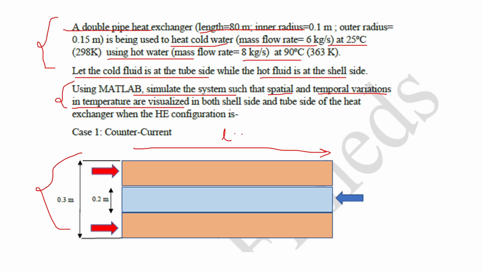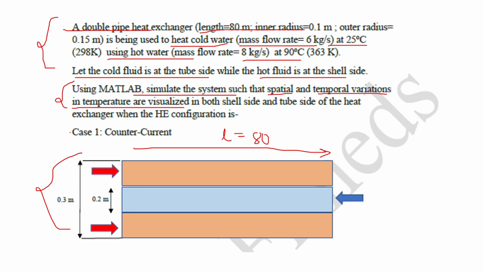We've been given length equals 80 meters, so we'll be taking a look at how the temperature changes with respect to the length of the heat exchanger as it flows through, and the temporal variations mean how this temperature will change with respect to time. So this will be an animation later on. You'll see what it is.